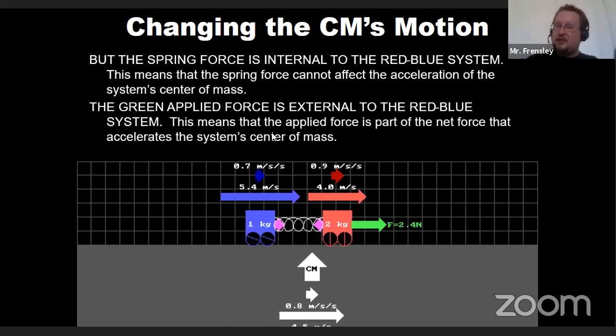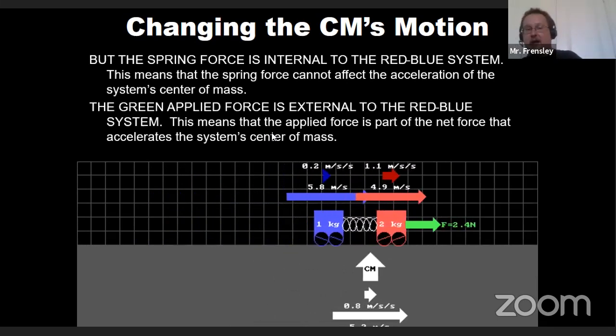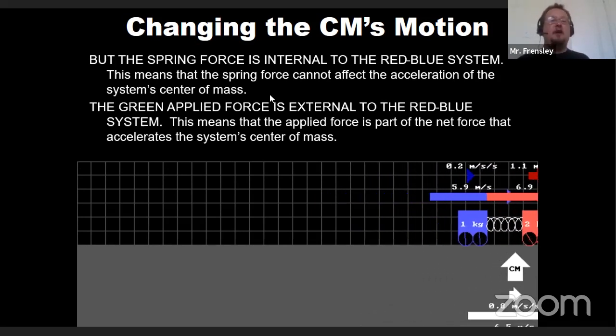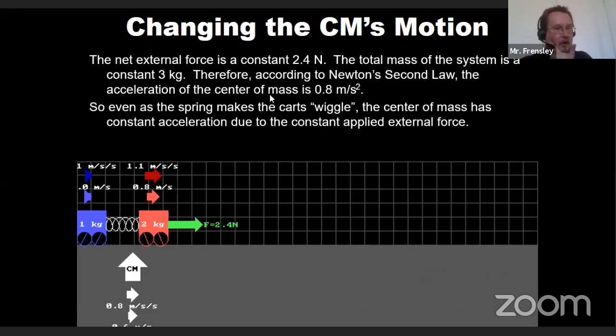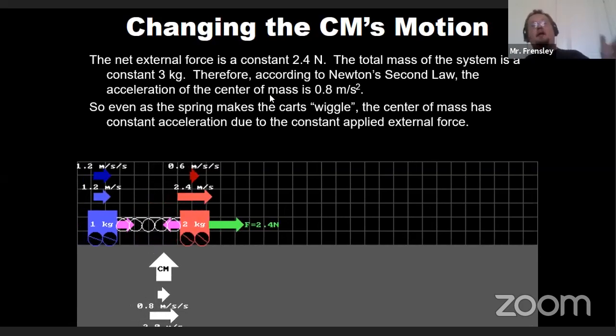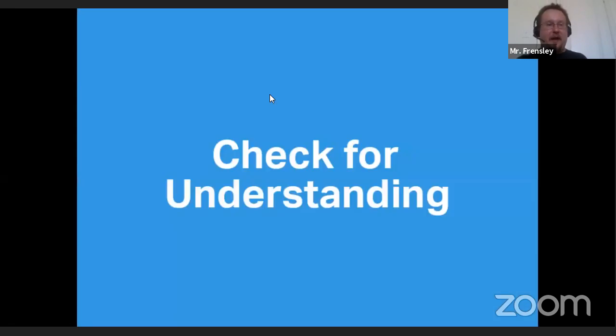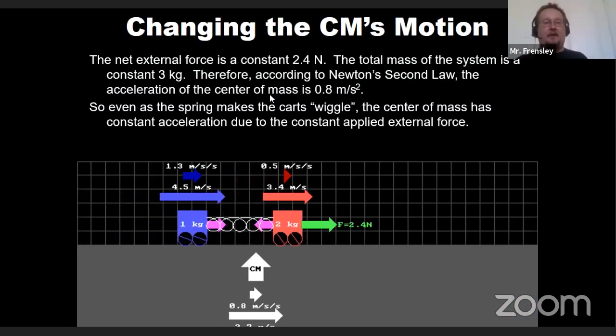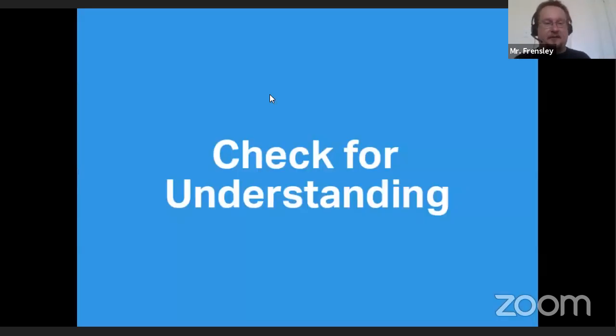The spring matters to just the blue, and to just the red, but not to the system as a whole. Only the green force matters to the system as a whole. The external force is 2.4, the total mass is 3, so the center of mass acceleration is 0.8. Even as the carts wiggle, the center of mass has a constant force, so it has a constant acceleration.